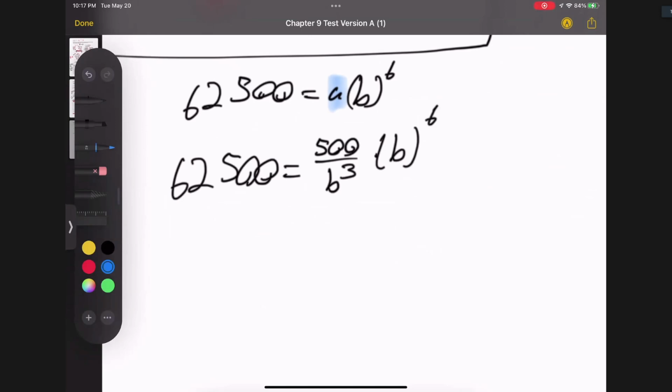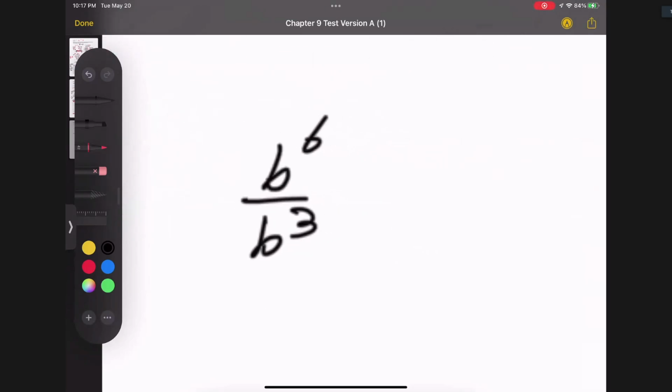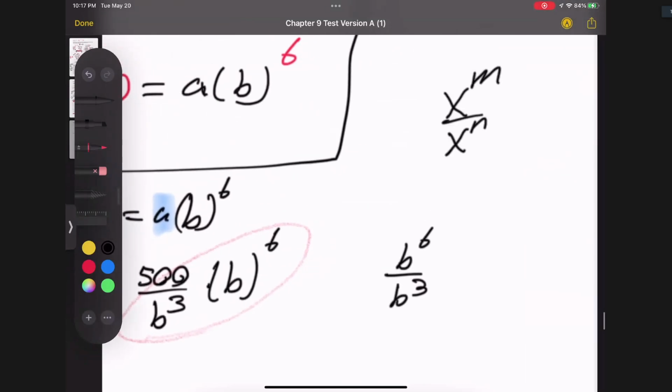Now, you got to use your exponent rules for this situation. What is b to the power of 6 divided by b to the power of 3? Let me put it down over here. B to the power of 6 divided by b to the power of 3. This turns into an exponent rule. This exponent rule is x to the power of m divided by x to the power of n.